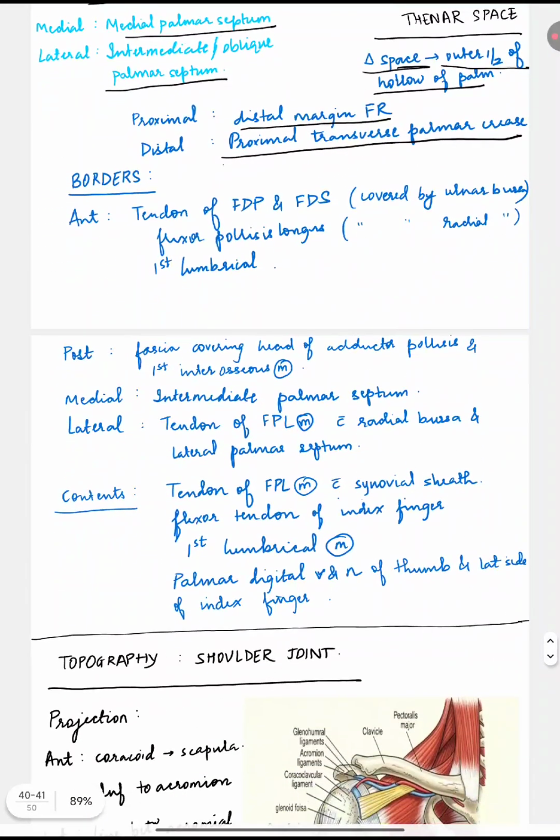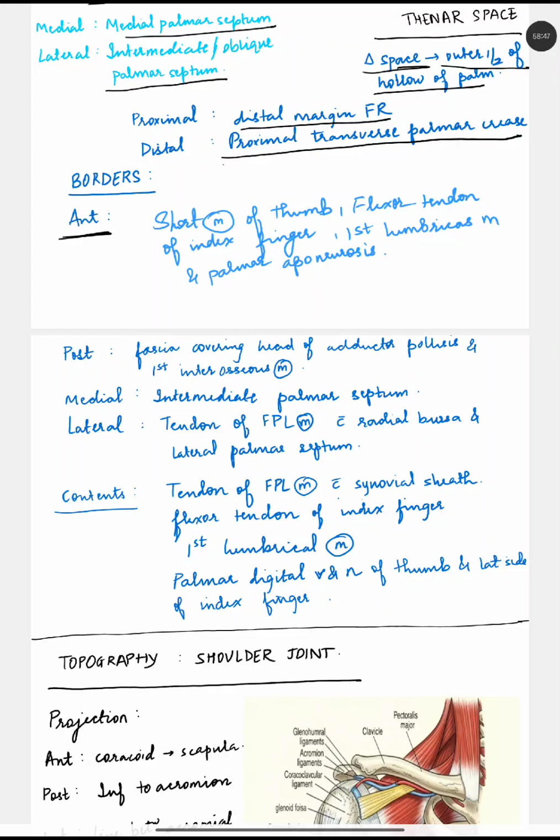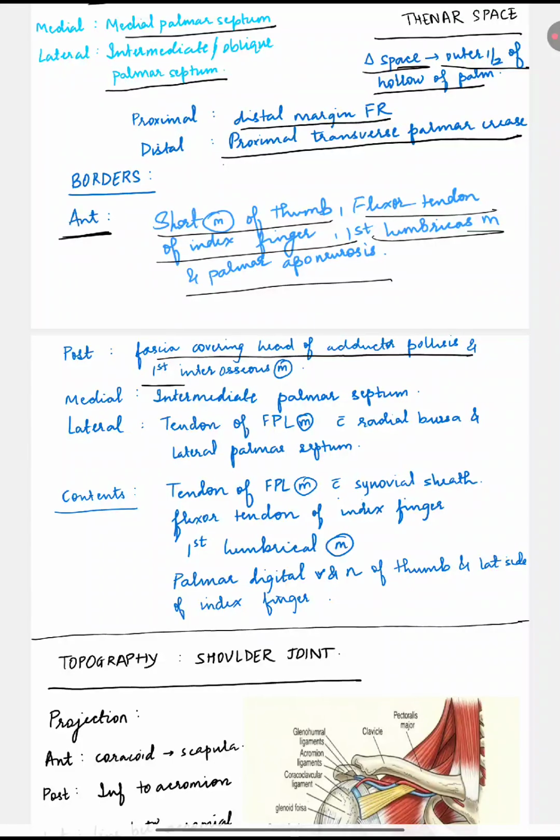Borders: anteriorly the tendon of flexor digitorum superficialis, which is covered by the ulnar bursa; also the short muscles of the thumb, flexor tendon of the index finger, first lumbrical muscle, and palmar aponeurosis. Posteriorly is the fascia covering the head of adductor pollicis and first interosseous muscle.